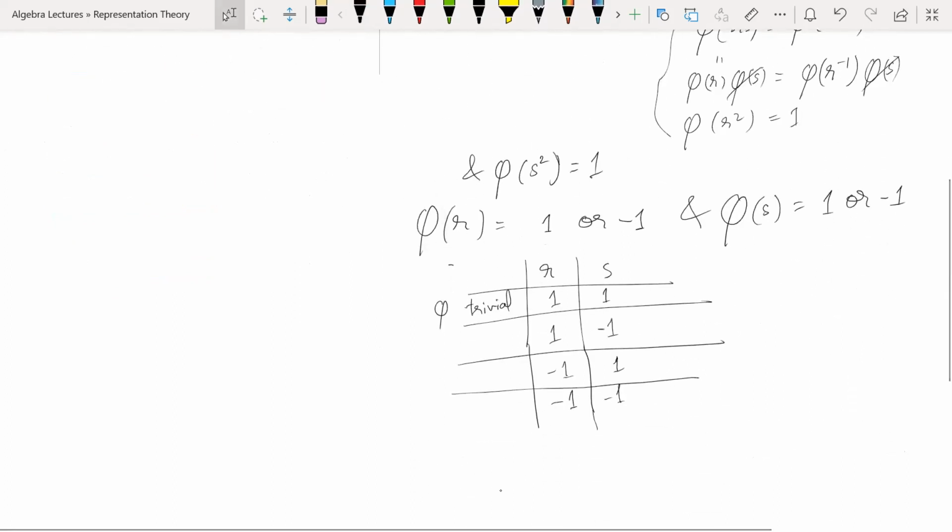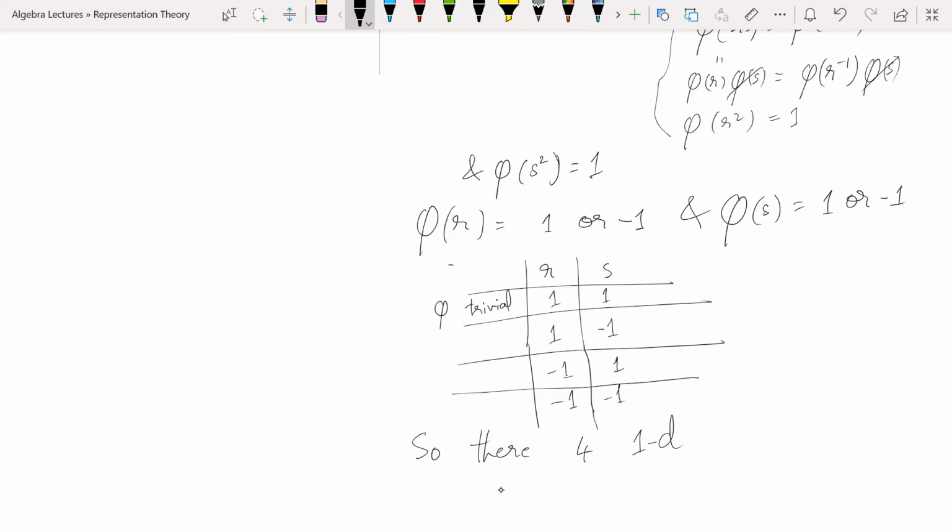So all these possibilities are there. So there are 4 one-dimensional representations of Dn when n is even.